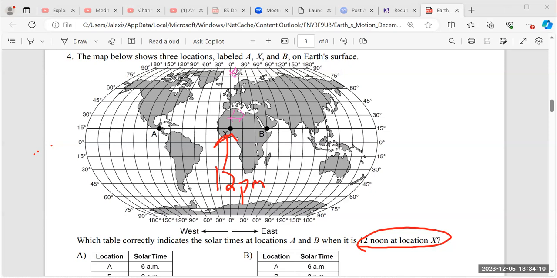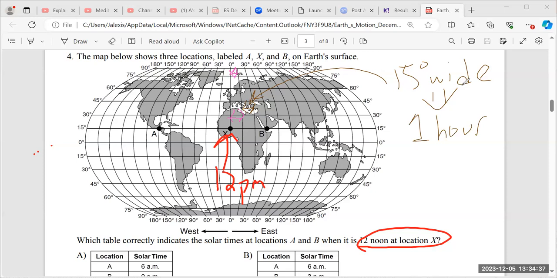So each horizontal box is equal to 1 hour. So each horizontal box is 15 degrees wide, which is also equal to 1 hour. Keep that in mind.